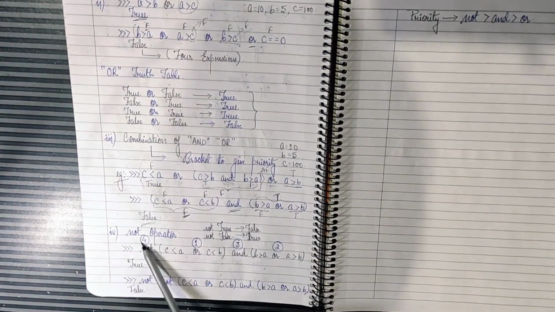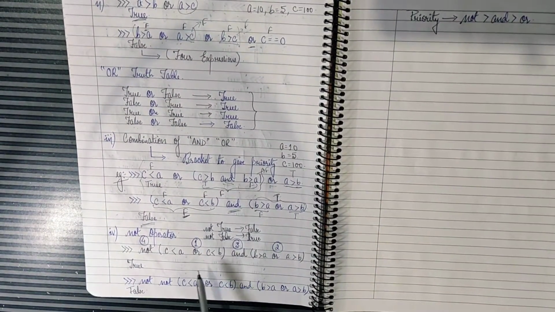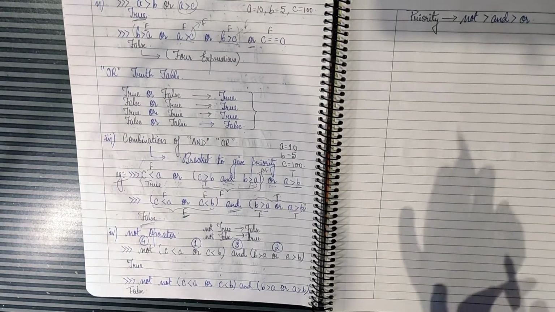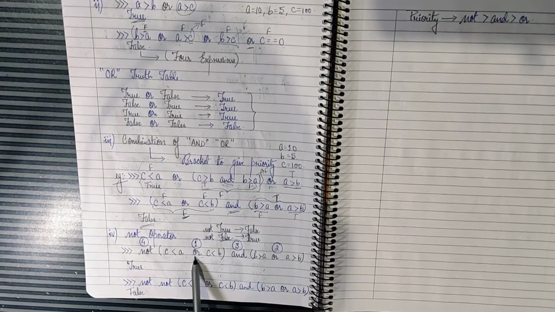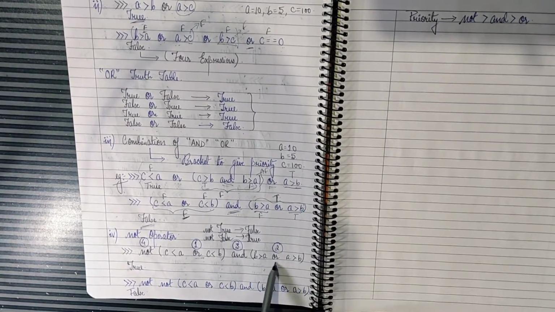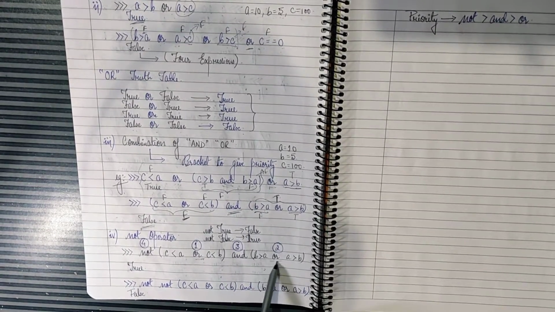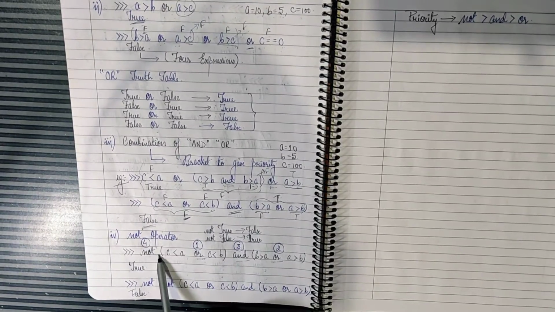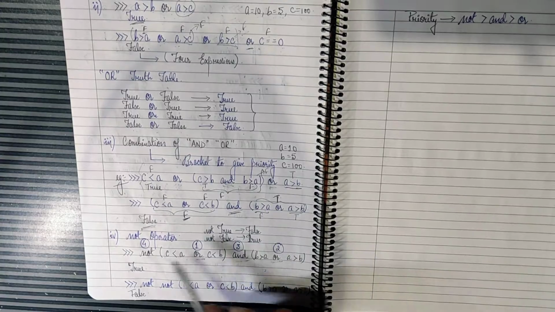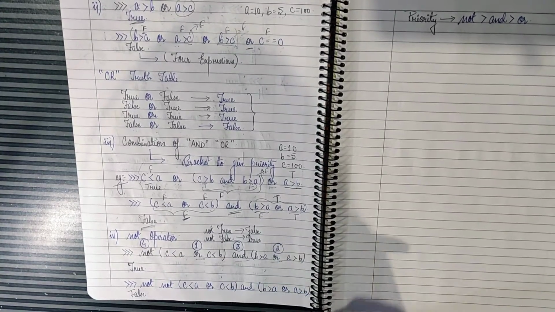So here I have written what will be executed first. Here the bracket is there, so first this OR will be executed, then there is another bracket, this OR will be executed, then this AND will be executed, and then this NOT will be executed. So this is the order of execution.